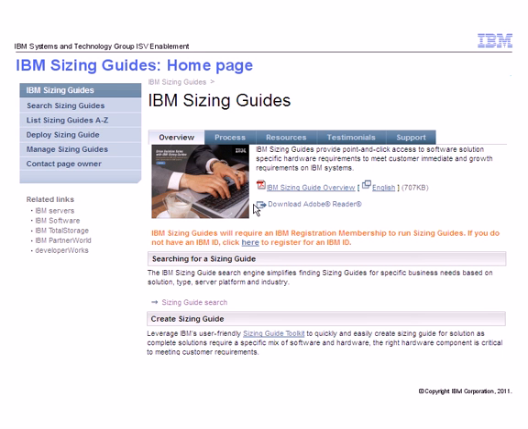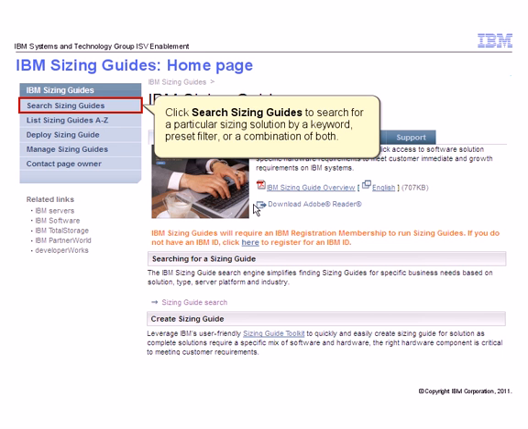Similarly, there are also tabs that provide more information on sizing guides, the process involved in creating a sizing guide, lists of available resources and testimonials, as well as IBM Sizing Guides support. First, take a look at the Search Sizing Guides option. Click Search Sizing Guides to display the search page that enables you to look for a particular sizing solution by doing a keyword or preset filter-based search, or a combination of both.